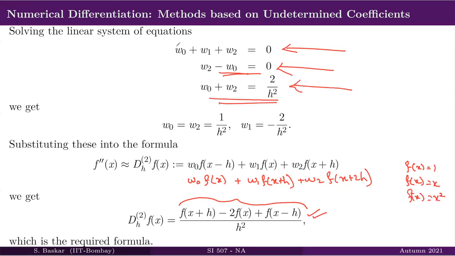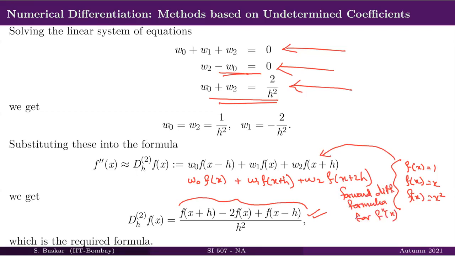Therefore, like in the central difference case, you will get three equations. Solve these to get W0, W1 and W2, substitute those values into this expression, and you get the forward difference formula for f double dash of x.